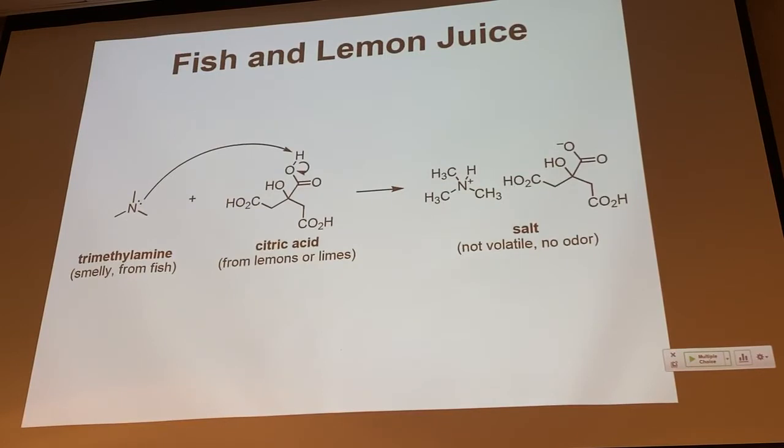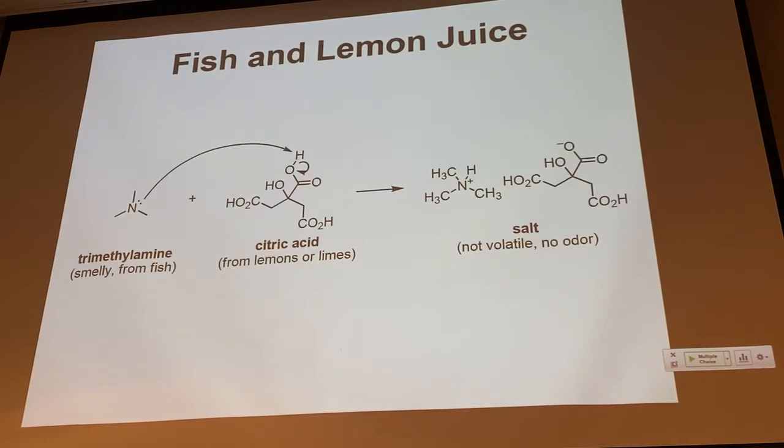So we're actually doing acid-base chemistry when we put lemon juice or lime juice on fish. We have citric acid in lemons or limes. And we learned back in chapter 22, but many of you didn't learn it until you missed it on the exam, that when you mix an amine with a carboxylic acid, we have an acid-base reaction.